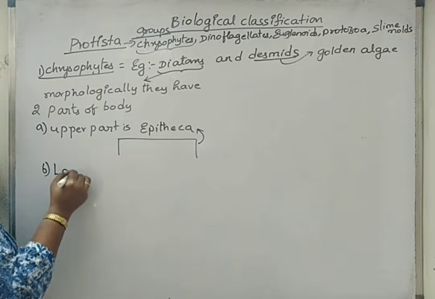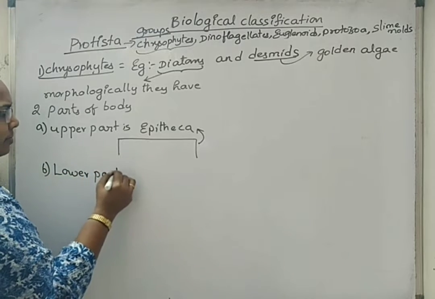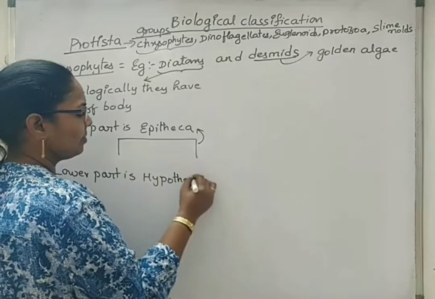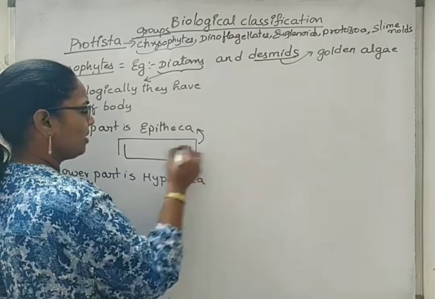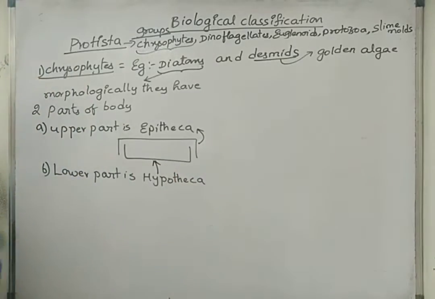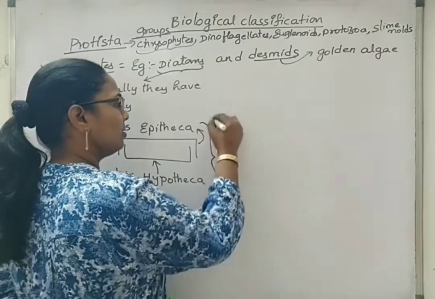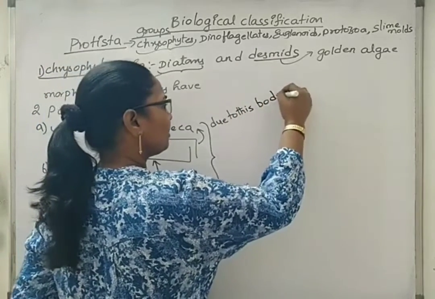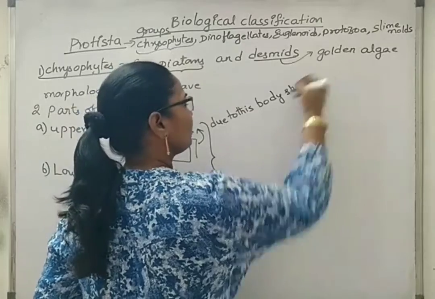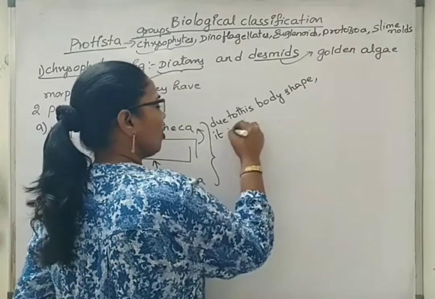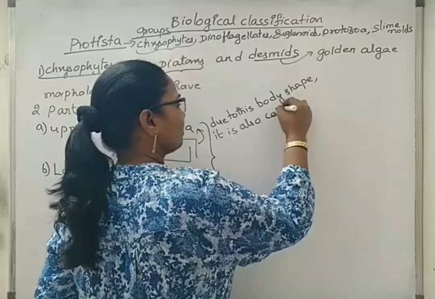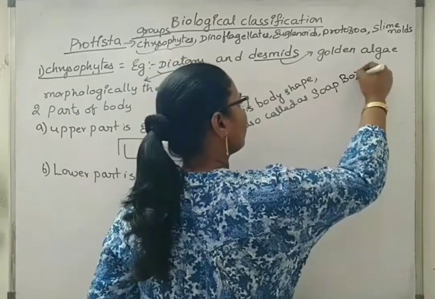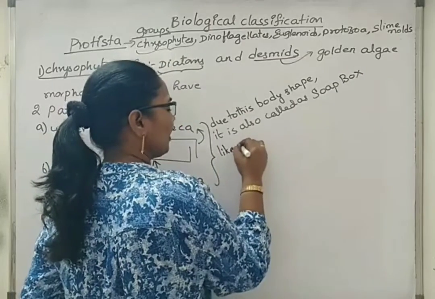The second one, the lower part, is the hypotheca. The shape is like this. Due to this body shape, it is also called a soap box like arrangement.